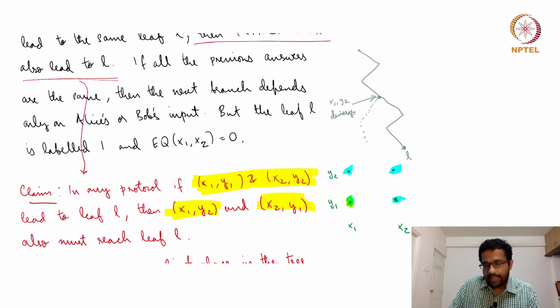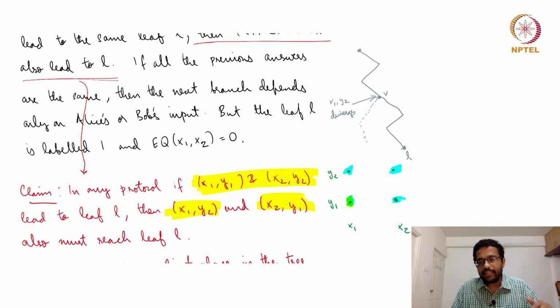So why did x1 y2 diverge here? Till this point, x1 y1, x2 y2 and x1 y2 travel together to reach this point. Let's say this point is V. At point V they diverged. Why did they diverge? Whoever responded at this point, maybe Alice spoke or Bob spoke.